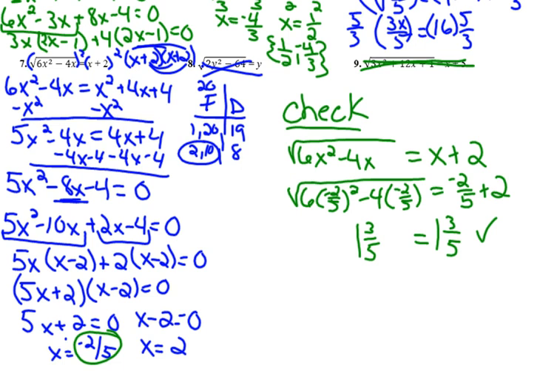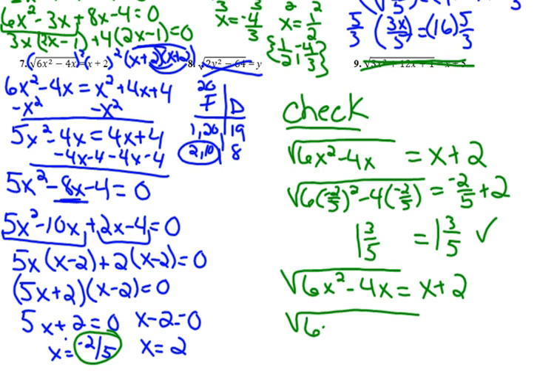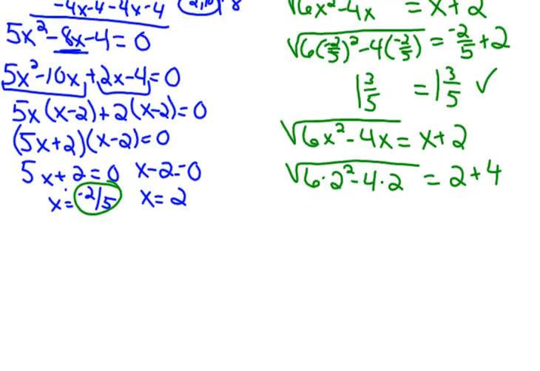Now I have to check the 2. So we have the square root of 6x squared minus 4x equals, oops, made that too long, equals x plus 2. So the square root of 6 times 2 squared minus 4 times 2. Okay, I think I can do this one a little bit in my head.